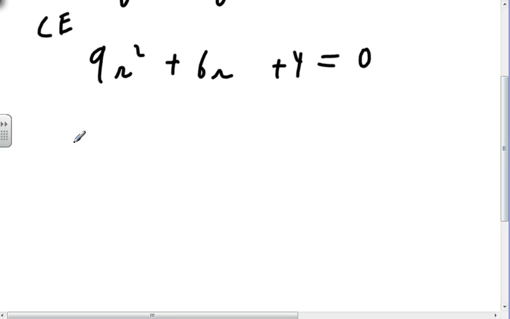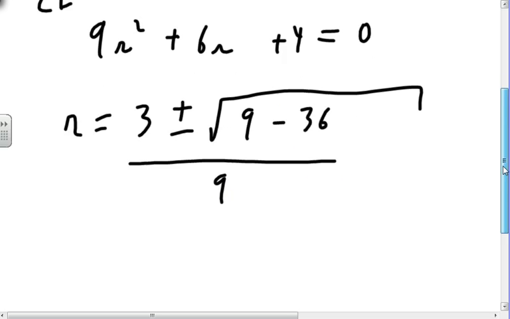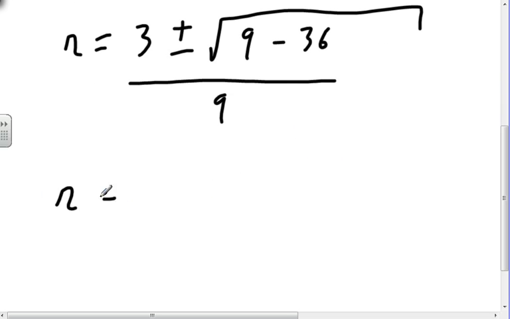All right, I'm using the half quadratic formula, so I'm going to use 3 plus or minus the square root of 9 minus 36 over 9. So r is going to be 1/3 plus or minus... 9 minus 36 is 27?